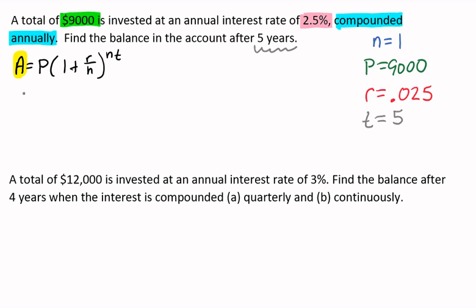So we can go ahead and plug in what we have. So A equals 9,000 times 1 plus 0.025 divided by the number of times per year, which is once, times n times our t, which is 5.